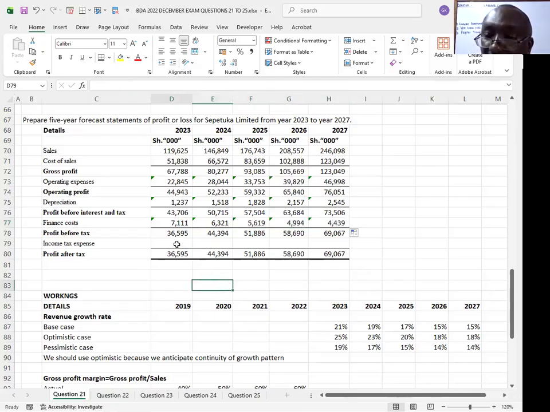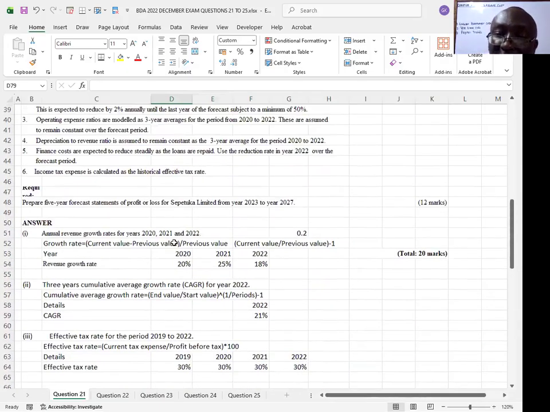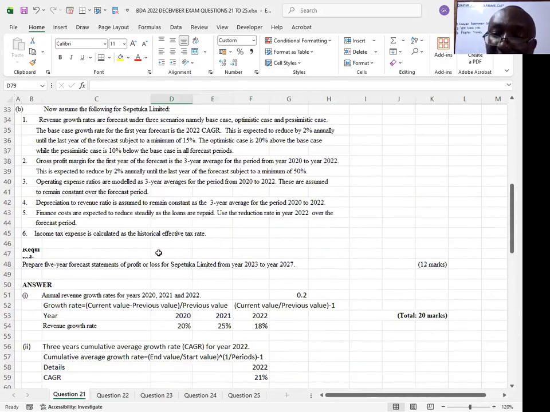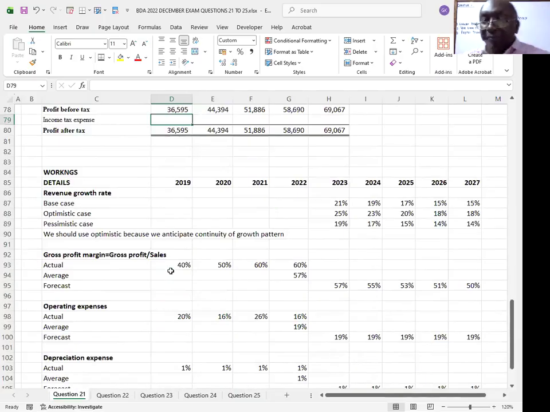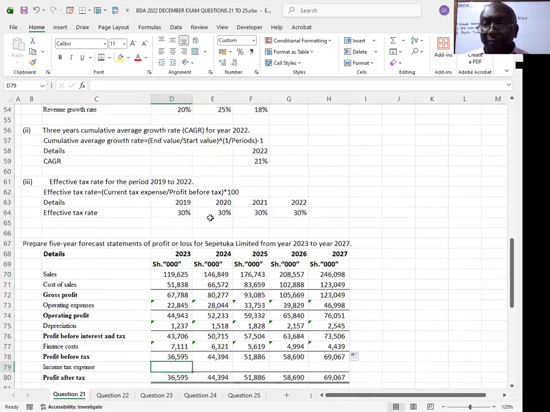You can autofill this paka hapo. Yeah. Kuja kwa income tax. So income tax, they are saying, is calculated as the historical effective tax rate. So hiyo tutatumia tu hii. Naona hii tulikuwa tumecompute. This one.